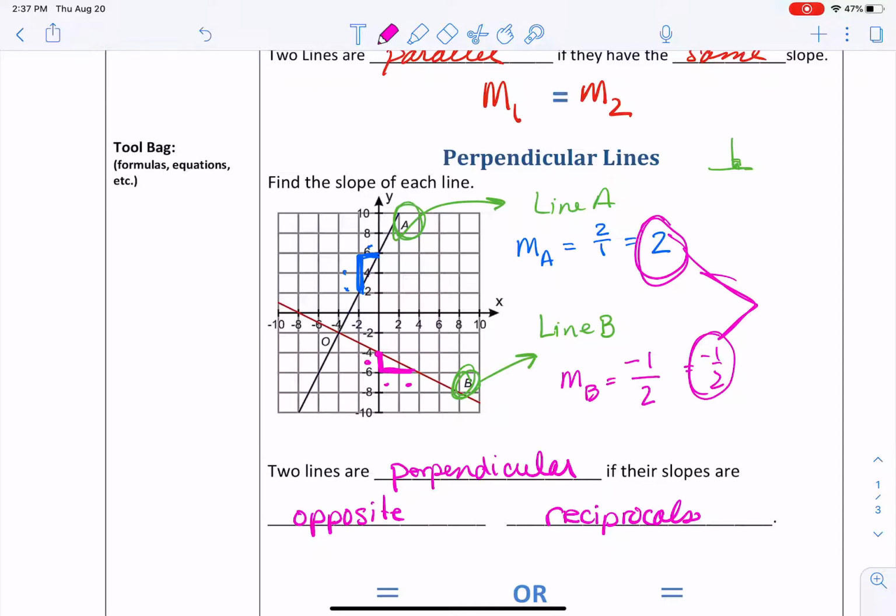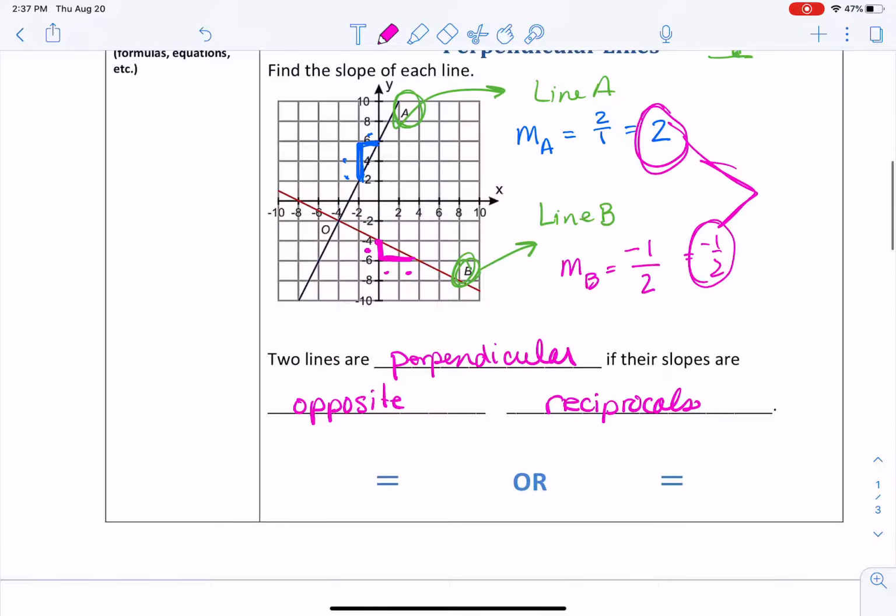So that means that they have to be upside down or flipped. So that either means that the slope of line 1 is negative 1 divided by the slope of line 2, or M1 times M2 equals negative 1.